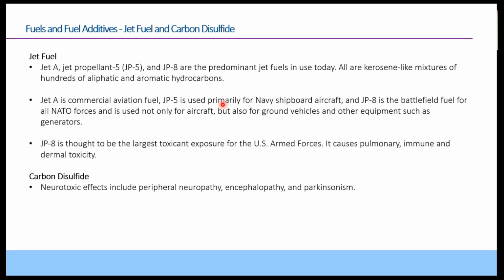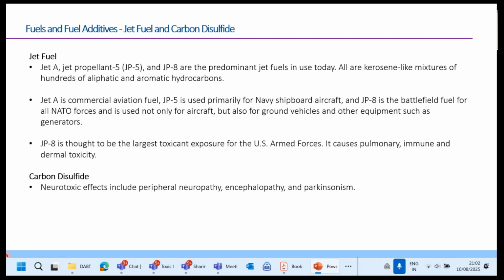JP5 is used primarily for Navy shipboard aircraft, and JP8 is the battlefield fuel for all NATO forces and is used not only for aircraft but also for ground vehicles and other equipment such as generators. JP8 is thought to be the largest toxicant exposure for the US Armed Forces. It causes pulmonary, immune, and dermal toxicity.